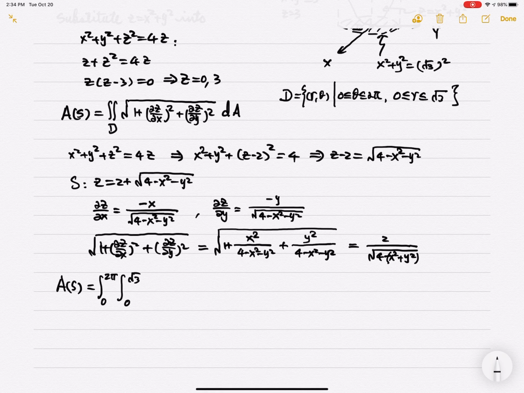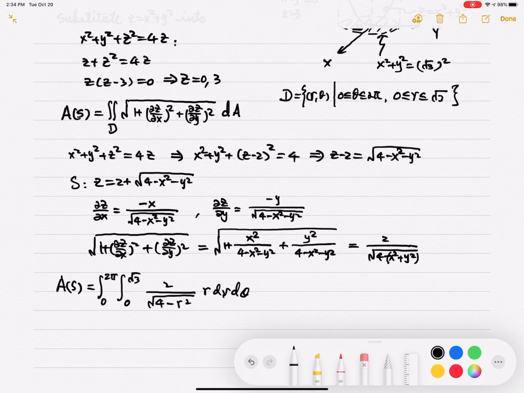Okay, and then this integrand is equal to 2 over root of 4 minus r squared. Well, dA is r dr d theta, right? So we have this.